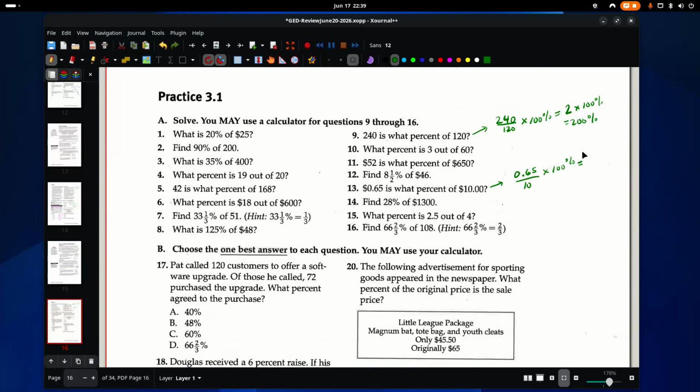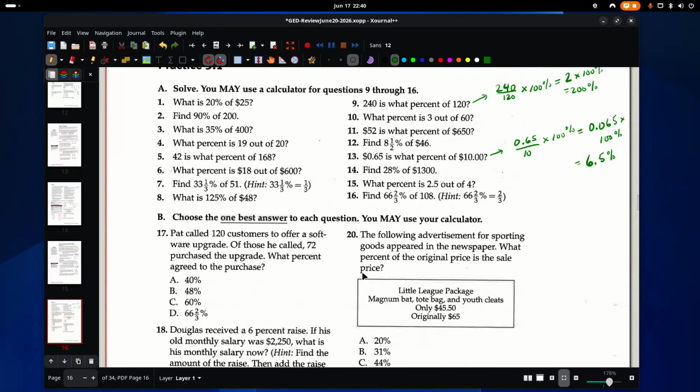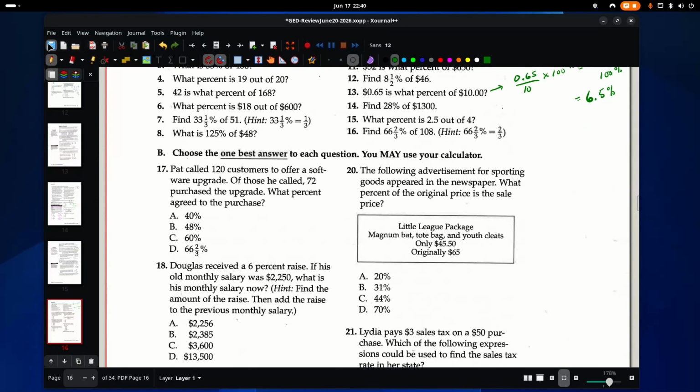So 0.65 divided by 10 gives us 0.065 times 100%, which equals, multiplying by 100, we just move the decimal place 2 places to the right, so we get 6.5%. All right. That's some good stuff.